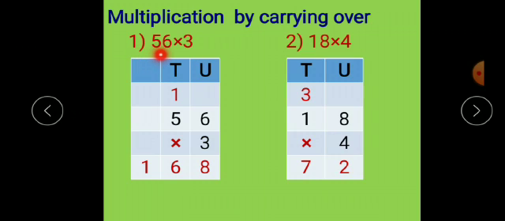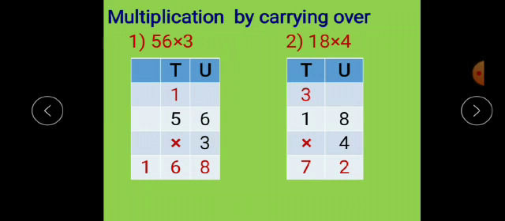First example is 56 multiplied by 3. First of all, we have to arrange it vertically. After that, recite the table of 3, 6 times. 3 sixes are 18. Now in the number 18, 8 is at the units place. So write this 8 here and 1 is carrying over to the tens place.